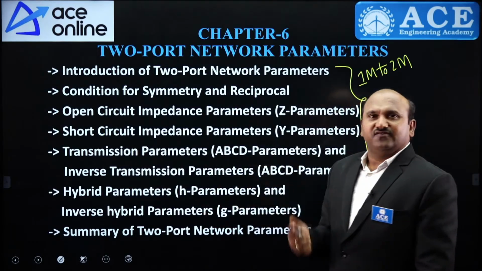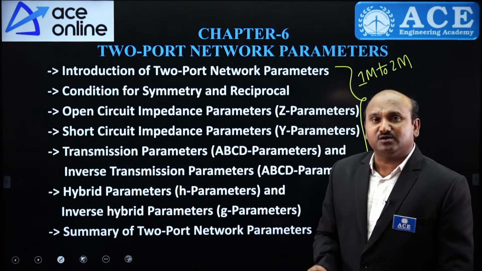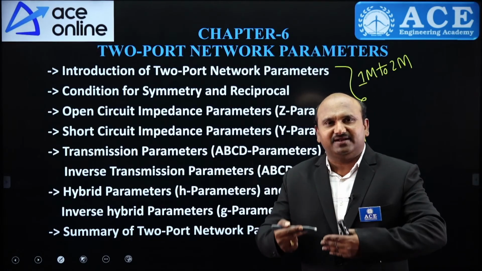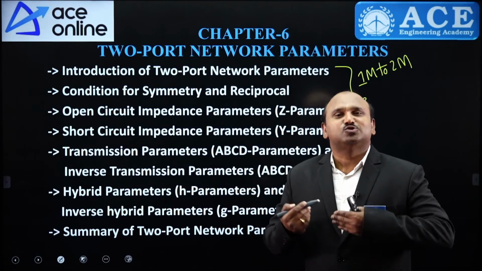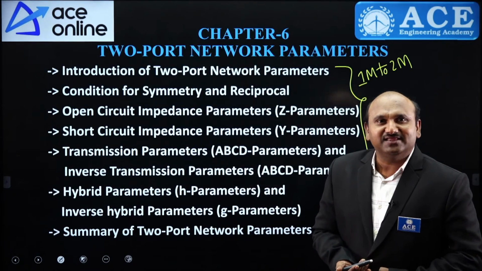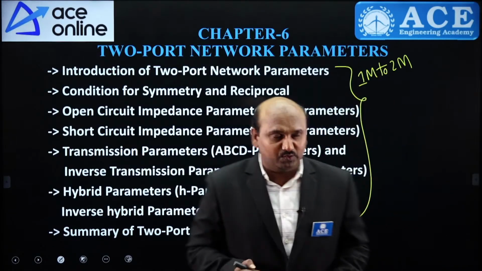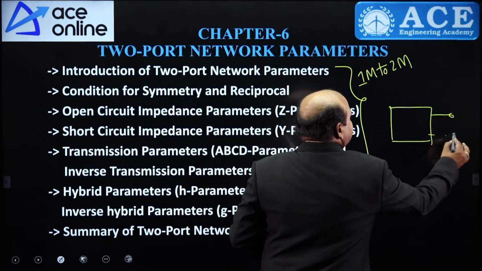All the 6 types of parameters: under 2-port network parameters, you get the number of parameters for any network, whether 1 port, 2 port, 3 port, or multi-port, based on the availability of the variables. Suppose it is a 2-port network; how many variables can be defined?